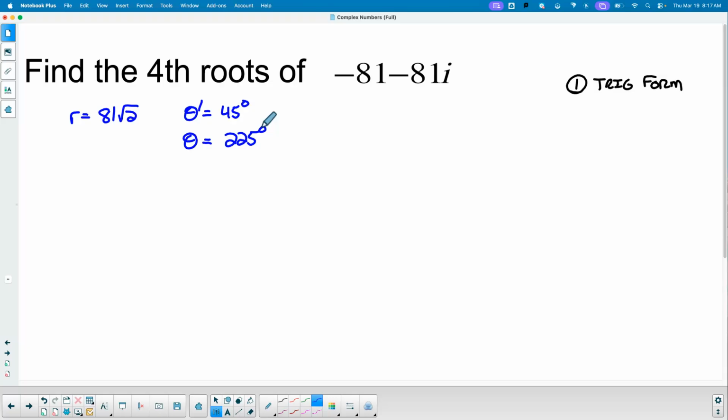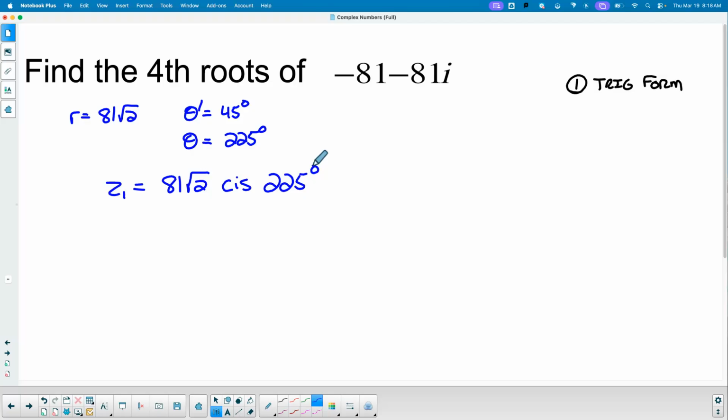So therefore it's 45 degrees. Quadrant 3 puts it there. Okay? So this would be, then in trig form, we'll call it z sub 1, would be 81 square roots of 2 cosine I sine of 225 degrees.